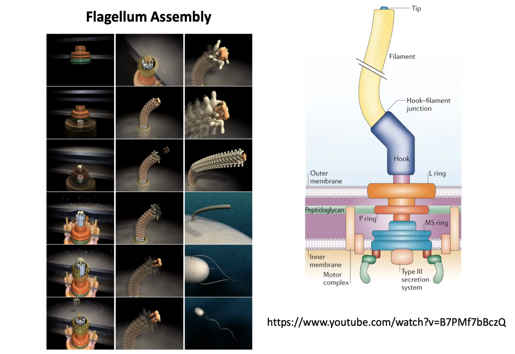Assembly of flagella has been studied extensively, and it's been found that it's built from the inside outward. And if you look at the ages of the genes, they follow the same pattern.